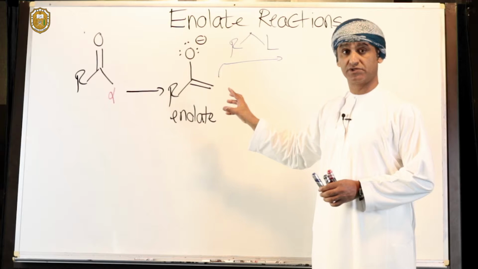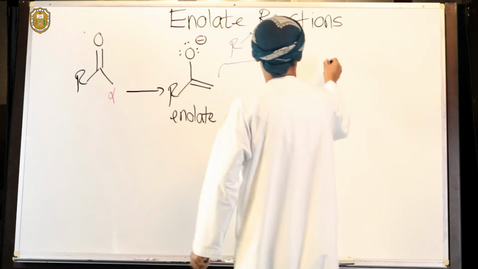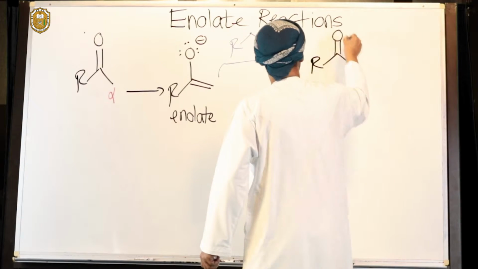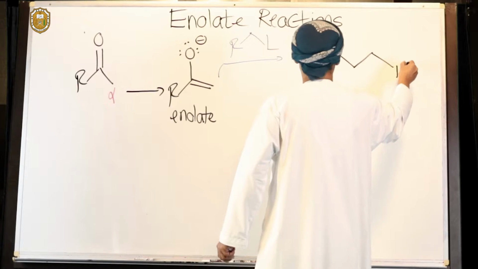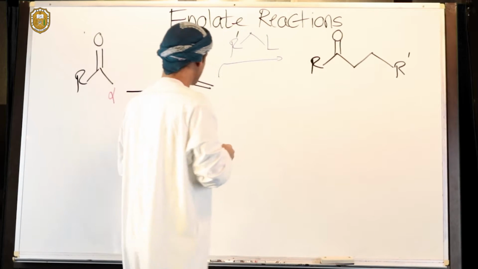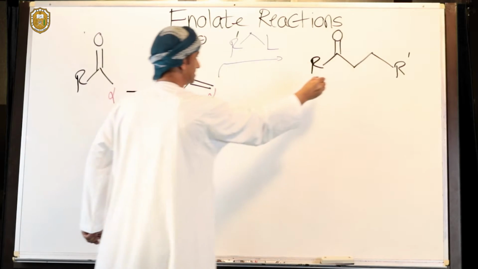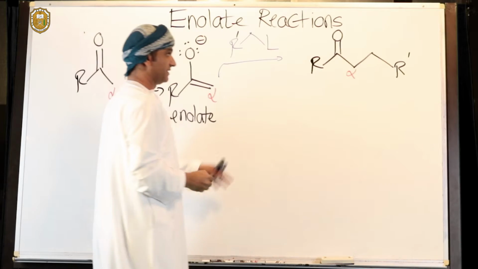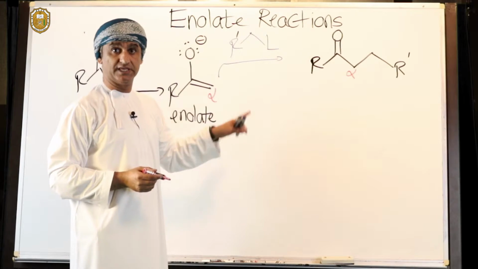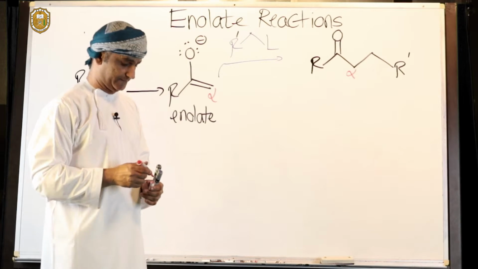It can do substitution on the alkyl halide to give an alkylated product of this type. If that's R prime, this is R prime. And of course, remember, this is the chemistry of the alpha position. So the CH2R prime comes from the electrophile, if the electrophile is a substrate such as an alkyl halide.